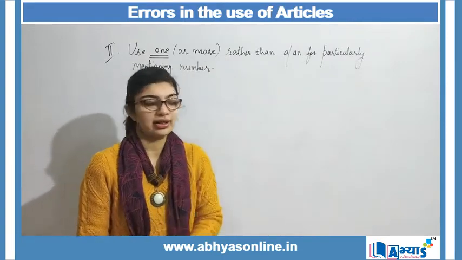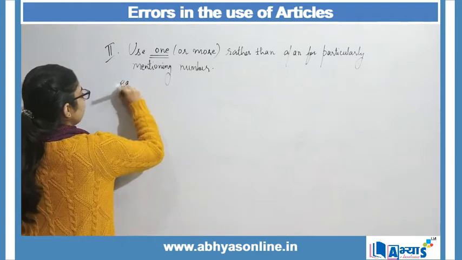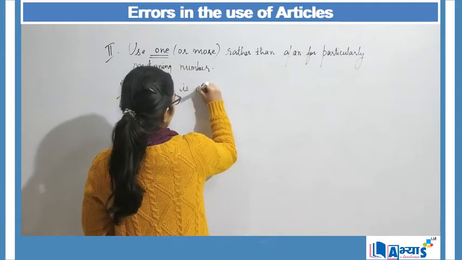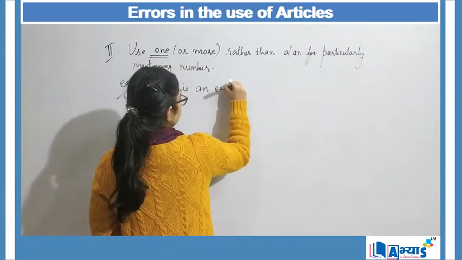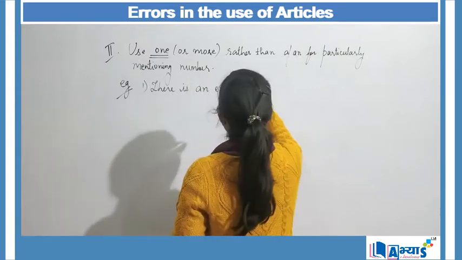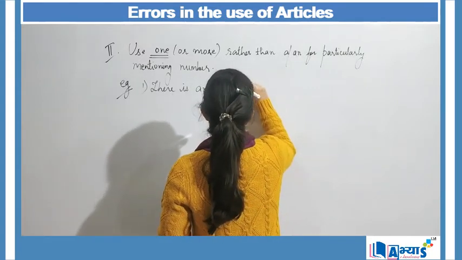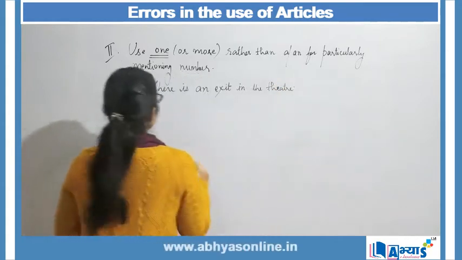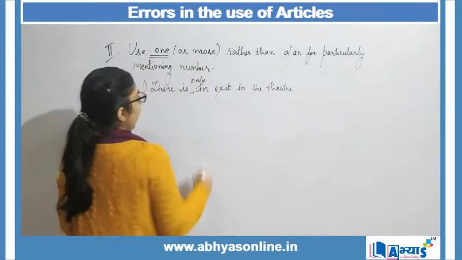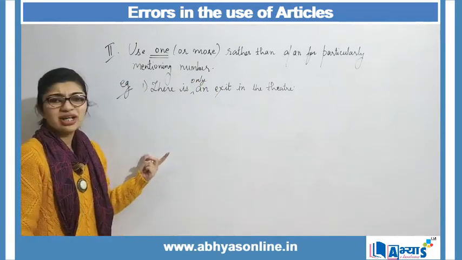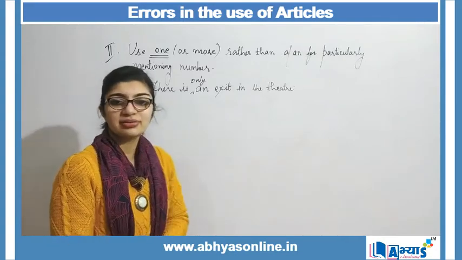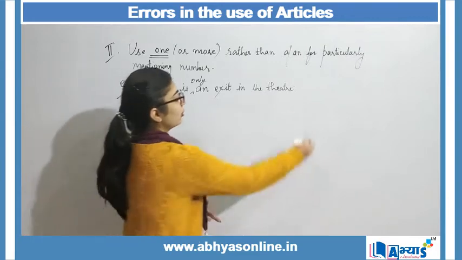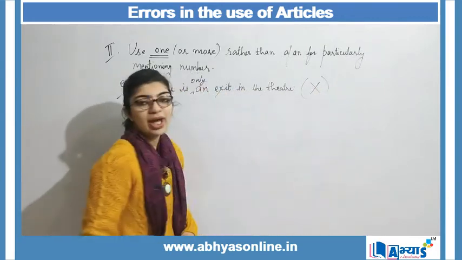For example, I say that there is an exit in the theatre. Or if I say there is only an exit in the theatre, does my sentence sound correct? No, the statement over here is wrong. And why is my statement wrong?